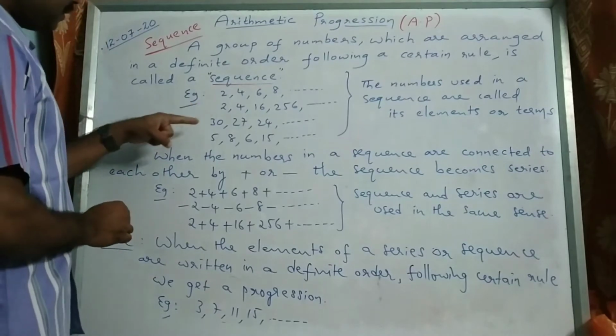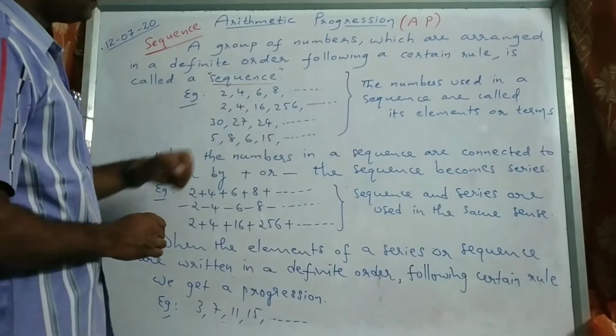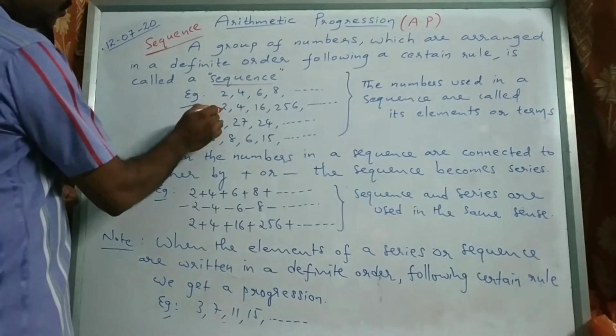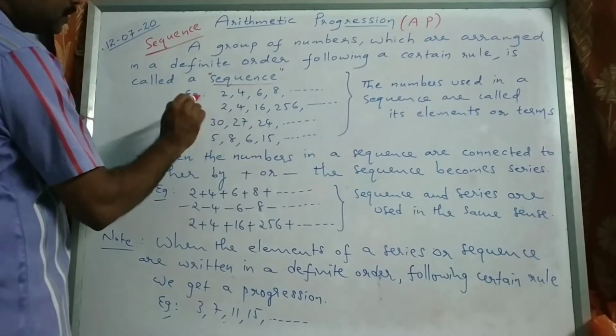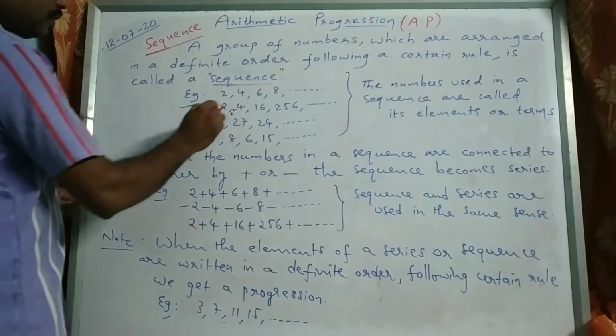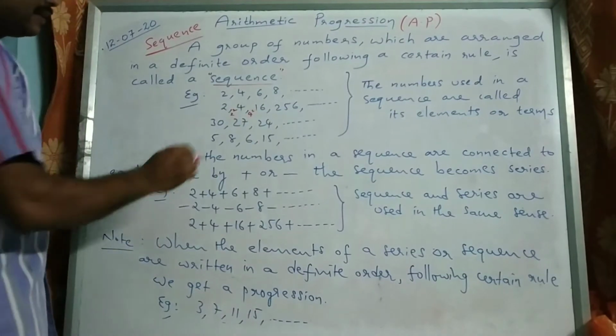Observe the second one: 2, 4, 16, 256. What did you observe? 2 square is 4. Next, 4 square is 16.